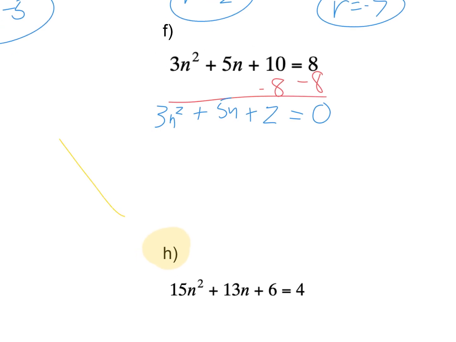So using our product sum, our b value is 5. Since our a value is not 1, the product is going to have to equal our a value multiplied with the c value. So in this case, that's 3 and 2. So 3 times 2 gets us 6 for our product. So we need two factors that add to 5 but multiply to 6.